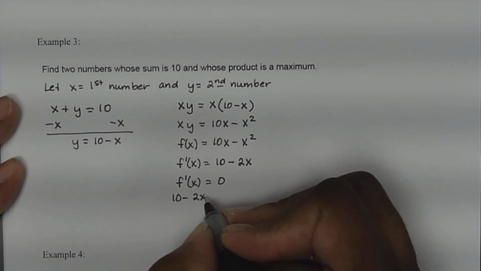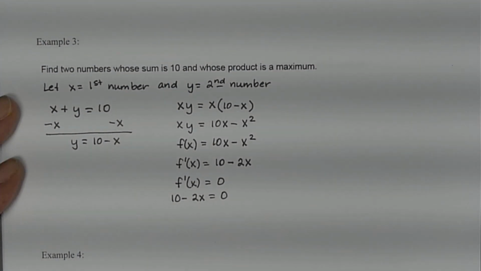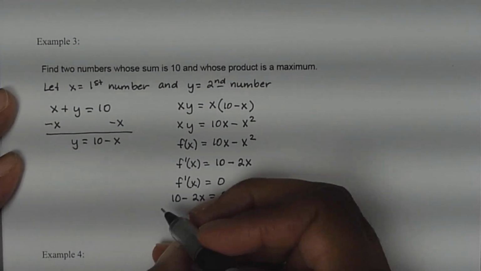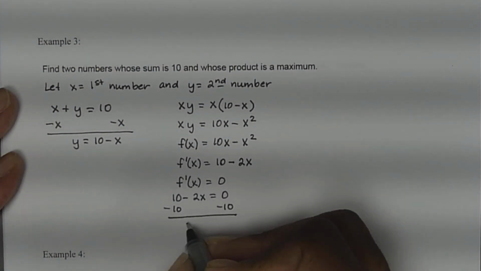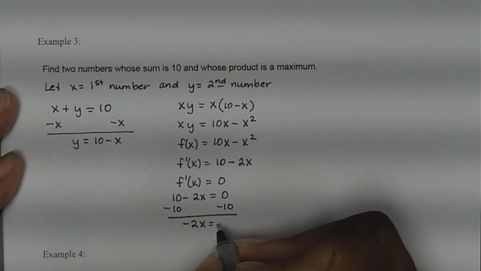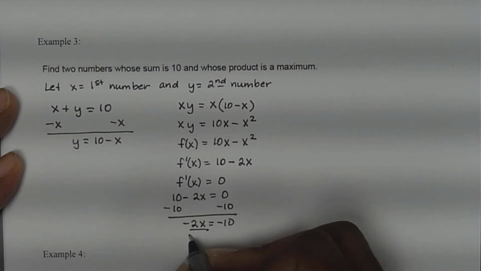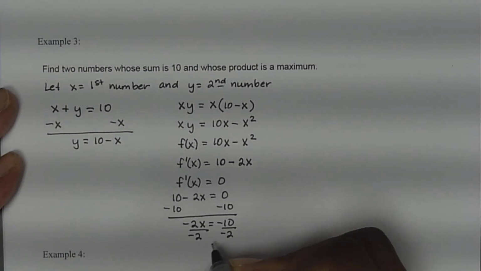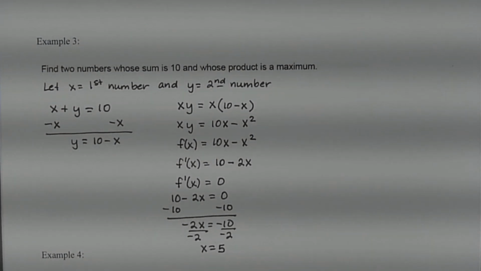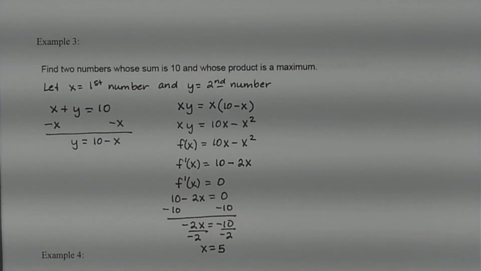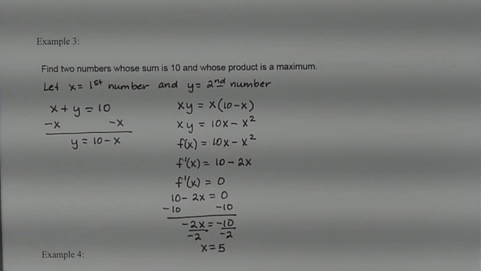So here, 10 minus 2x would be equal to 0. And then if I subtract 10 on both sides, I'm going to get negative 2x equals negative 10. Divide both sides by negative 2. x is equal to 5. So that means my critical number is going to be x is equal to 5.